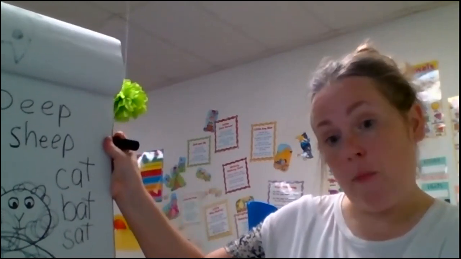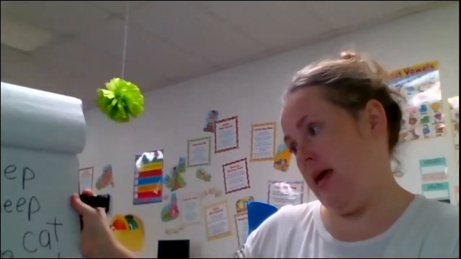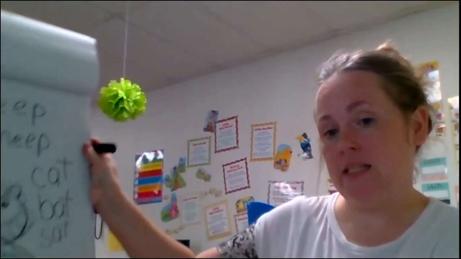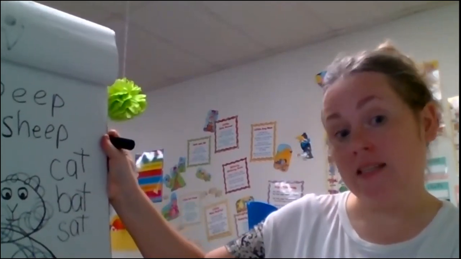She sat all by herself. The big cat sat on a bat. Ouch. Everyone say the rhyming words together. Cat, bat, sat. And we can tell these words are rhyming because they are sounding the same at the end of the word.